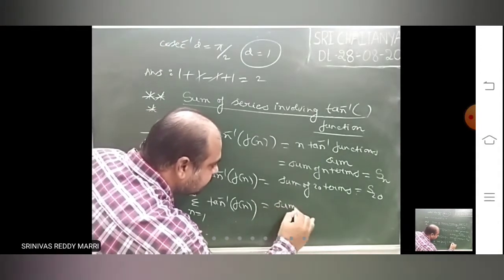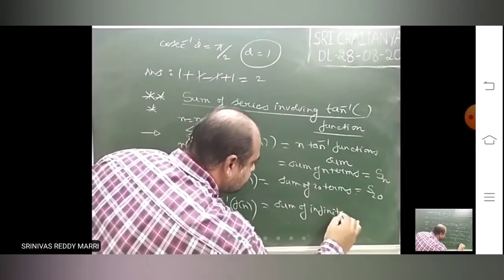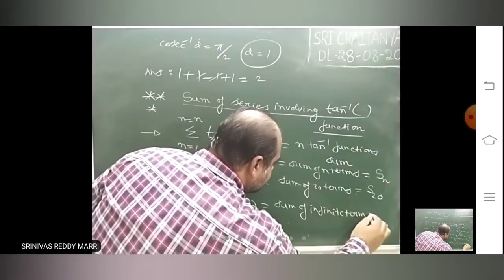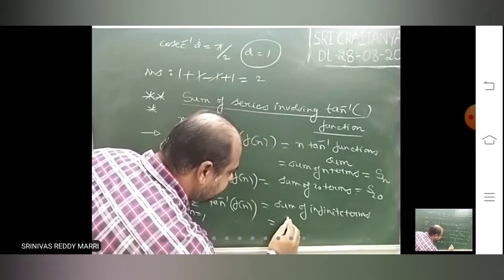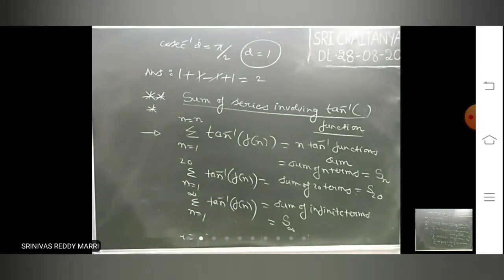That means if this is given like this, it is the sum of infinite terms. This is denoted by S infinity. Look at, this is given like this: this is sum of n terms, this is 20 terms, this is infinite terms.